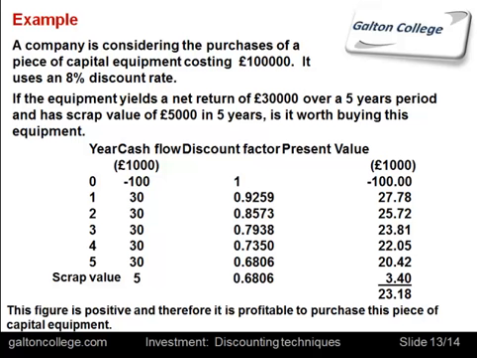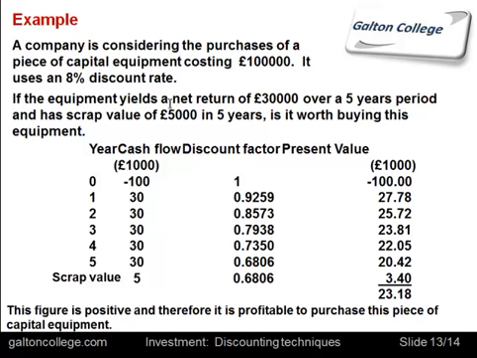Let's have a different example. Again, this one sounds horrendous until you start to realize how simple it is. A company is considering the purchase of a piece of capital costing £100,000. It uses an 8% discount rate. It might not be the rate of interest, but it's just what the company wants to use, 8%.